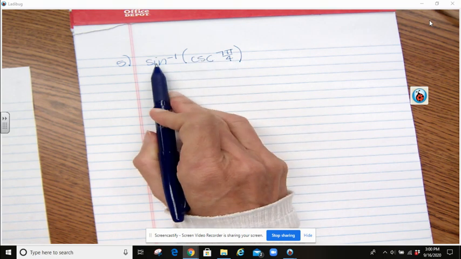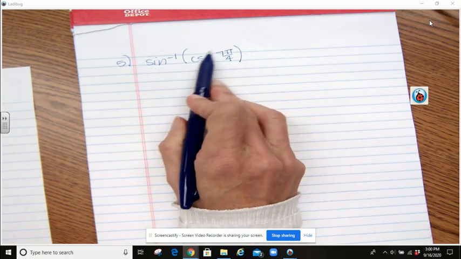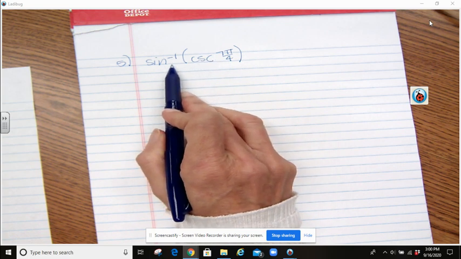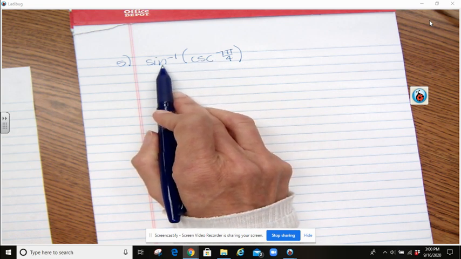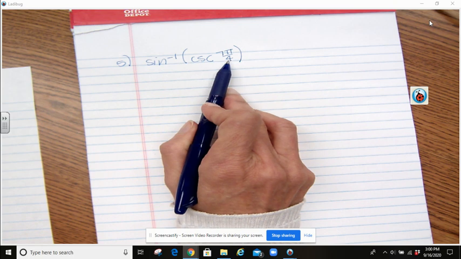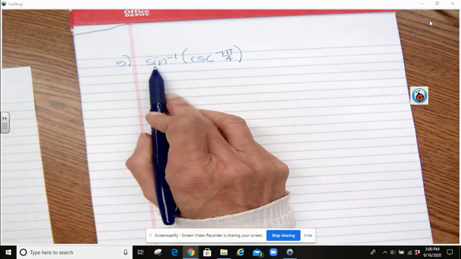If I have an inverse trig, I'm supposed to come up with the angle. So if the inverse trig is on the outside, my answer should be an angle. But that angle has to follow the restricted domain. Okay? That angle is not in the restricted domain for an inverse sine.